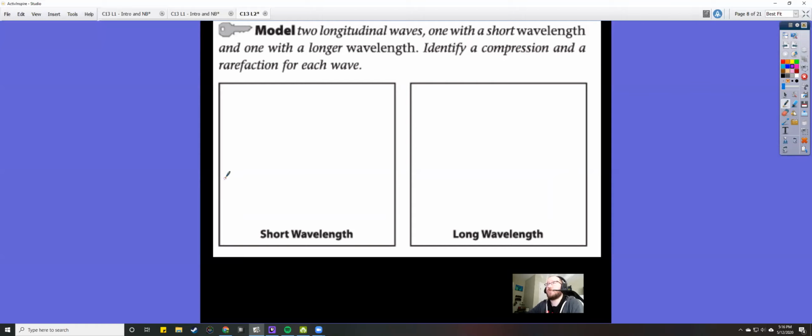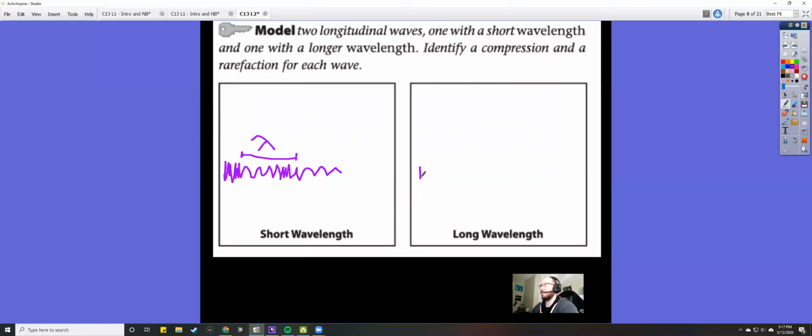So if we draw a couple, here's a short wavelength. If we measure from the very end of the compression to the very end of the next one, then here's our wavelength, lambda.